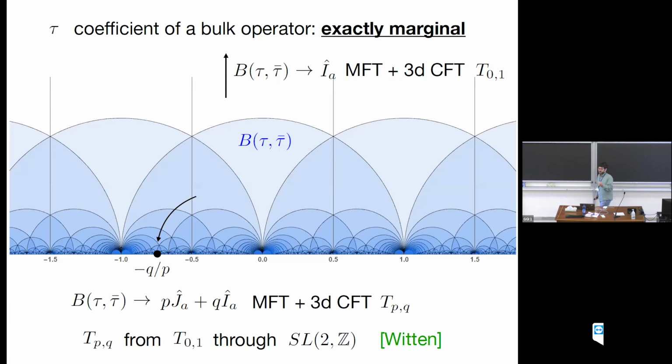So a coefficient of a bulk operator cannot receive renormalization by any kind of interactions which are localized on the boundary. And so whatever CFT we are gauging on the boundary, tau will remain just a free parameter. And we have this family of boundary conditions which are labeled by points on the upper half plane.